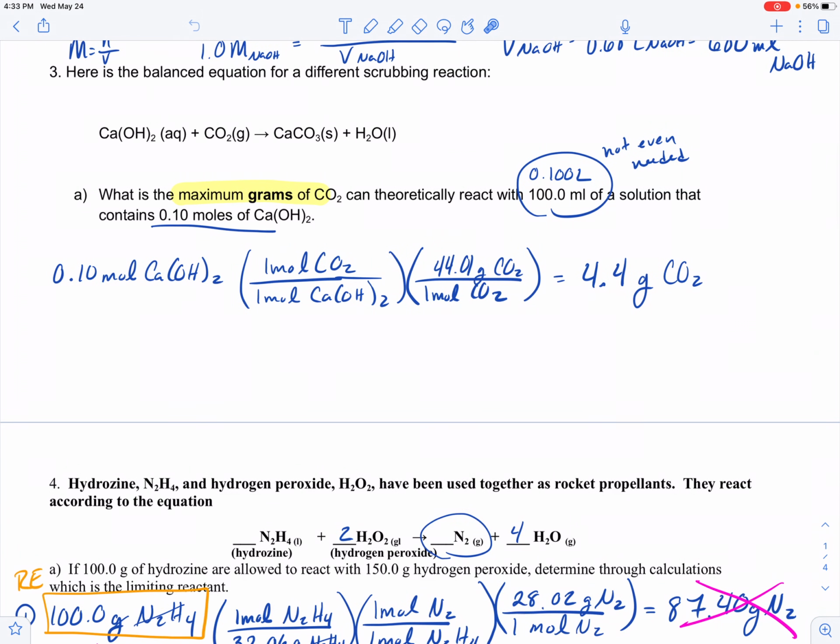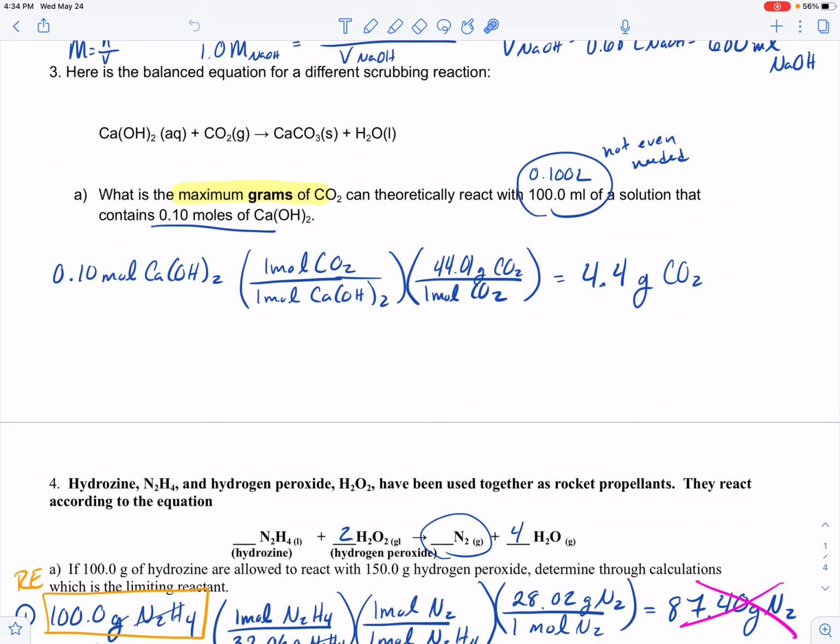The next one continues with the scrubbing lab. In this case, it's asking you what is the maximum number of grams of CO2 that can theoretically react with 100 mils of a solution that contains 0.10 moles of calcium hydroxide.